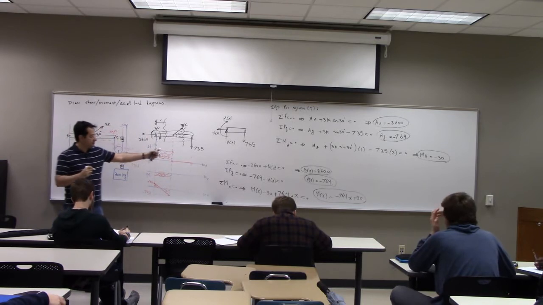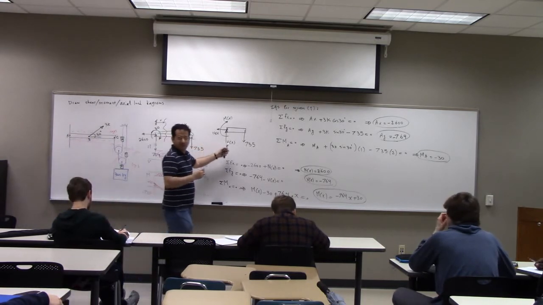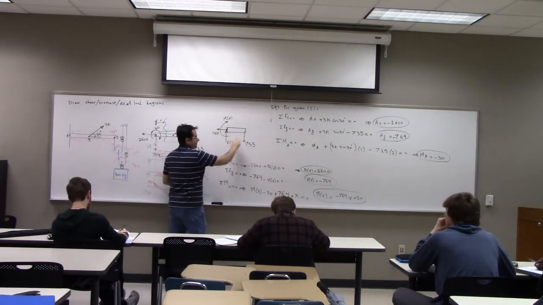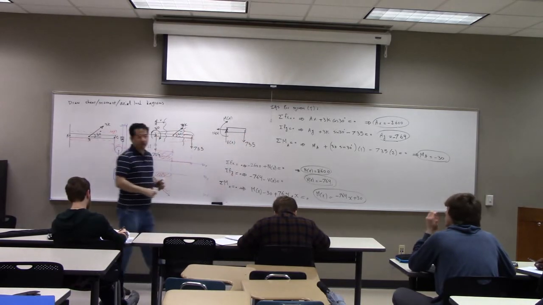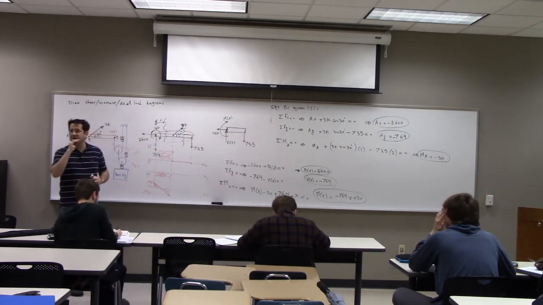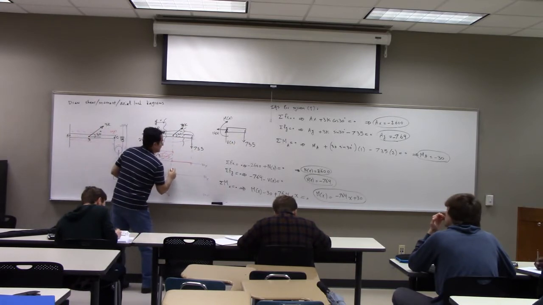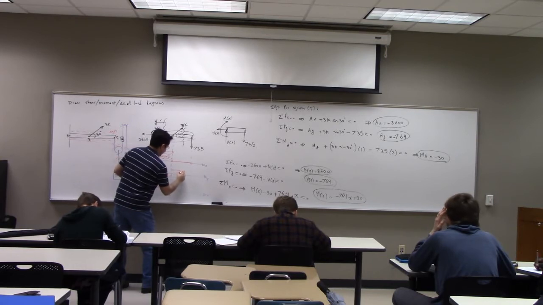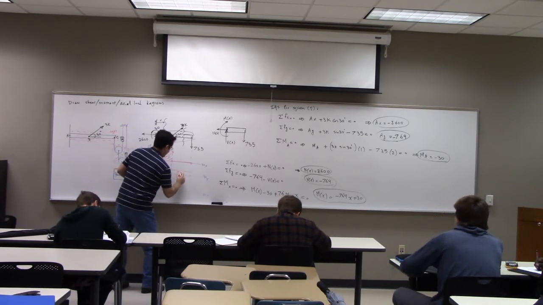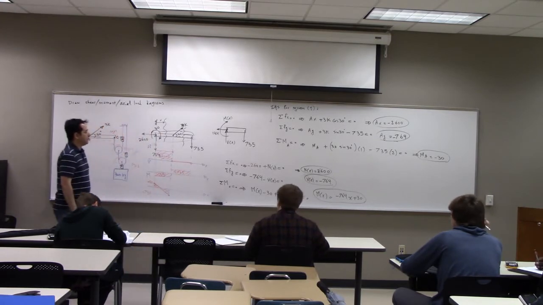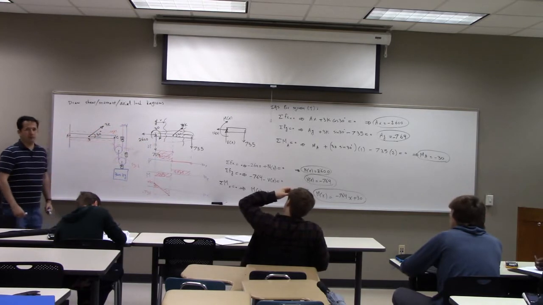What about the shear? Plus Vx minus 735 is equal to 0. So the shear is positive, right? So the shear is 735, positive.